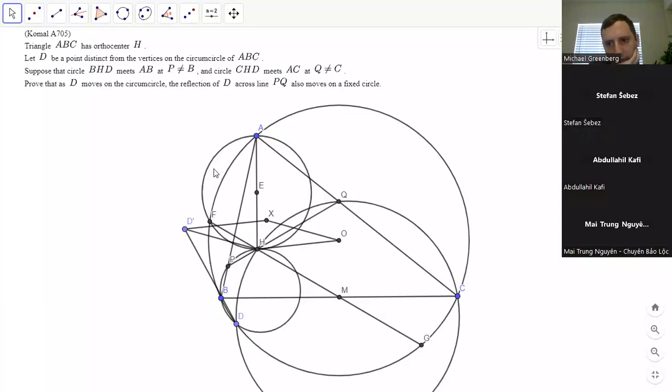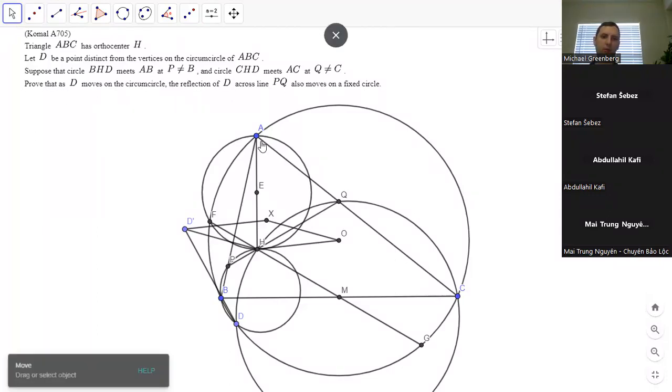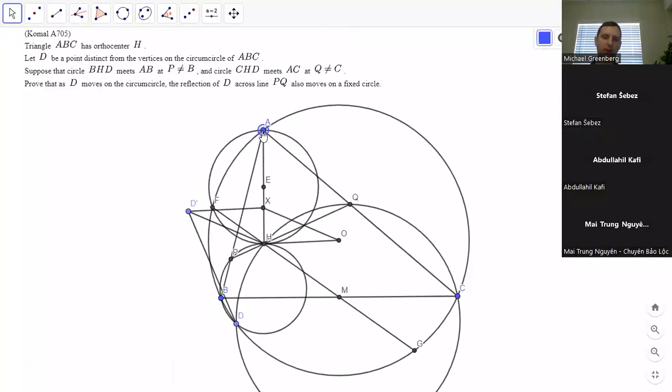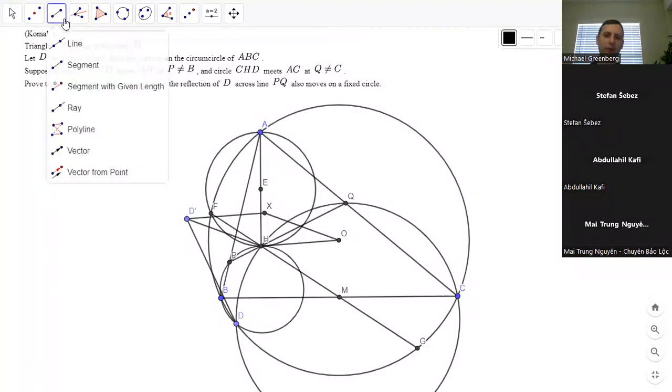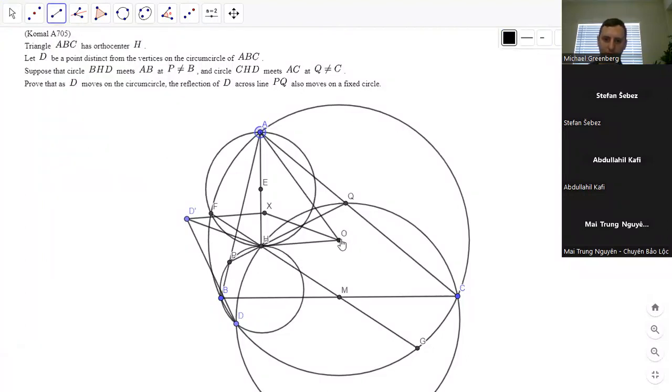How do we find angle ODH? Because is AO perpendicular to PQ? Yeah, okay, because AO is perpendicular. Is that actually true?